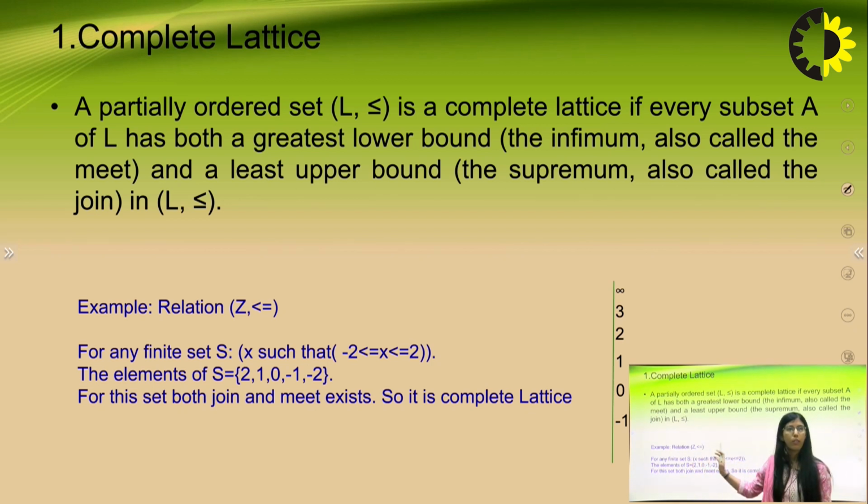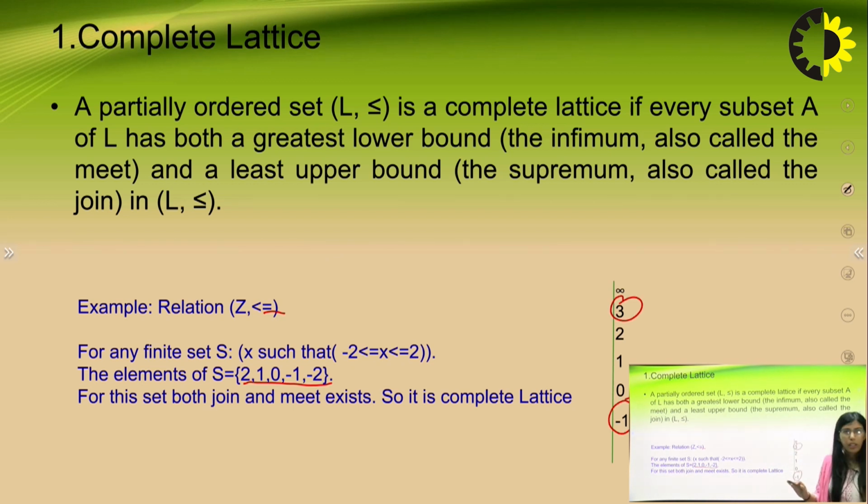Here, if we have a finite set, where X is an element such that it is greater than or equal to -2 but less than or equal to 2, then we have these elements in the set. If we draw the Hasse diagram for this particular set under this relation, it will look something like this. Here the least upper bound and the greatest lower bound exist, right?